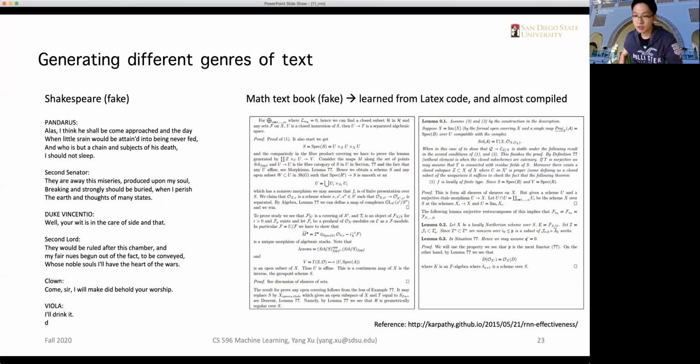Okay, and people even tried this to generate academic writings, and all these writings are learned from LaTeX source code. And it almost compiled, because the RNN language models can capture the syntactic dependencies in the LaTeX source code.